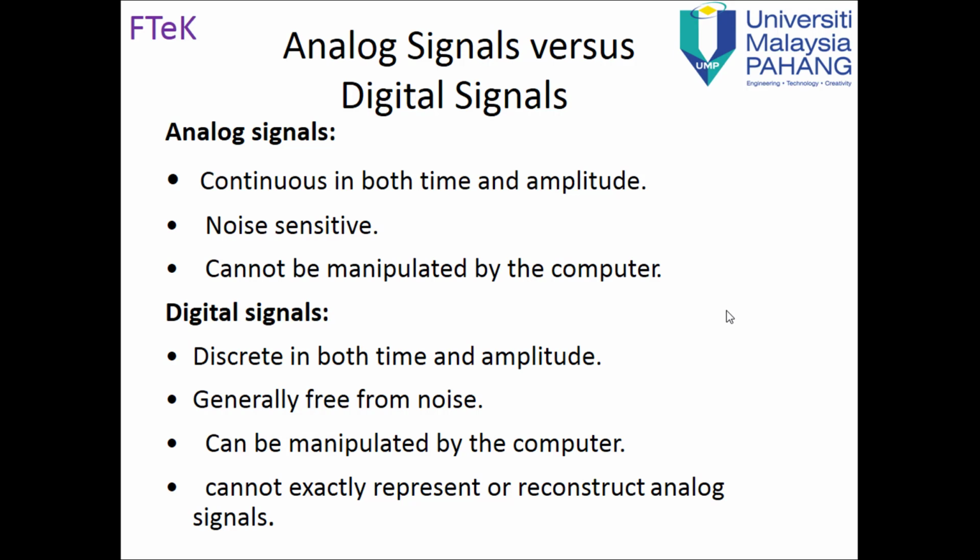So they are discrete values, generally free from noise. Usually the noise in digital signals is very low, and of course they can be manipulated by computers. But they have one problem: they cannot exactly represent or reconstruct the analog signals, because we take samples of the real signals and this makes us lose some data.